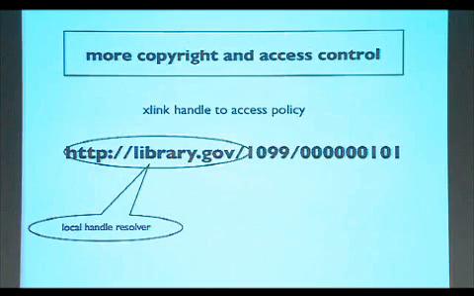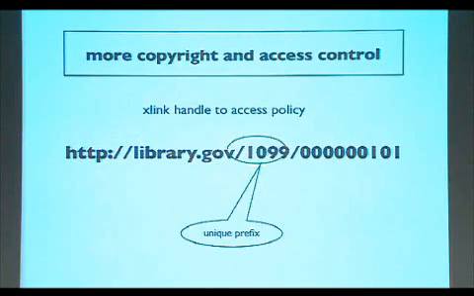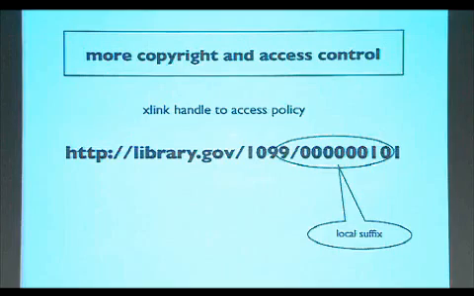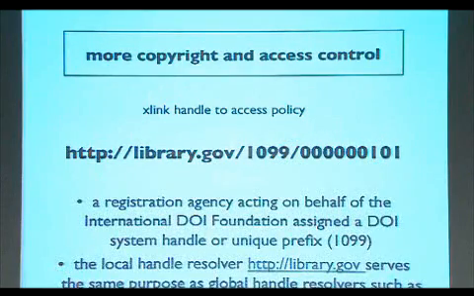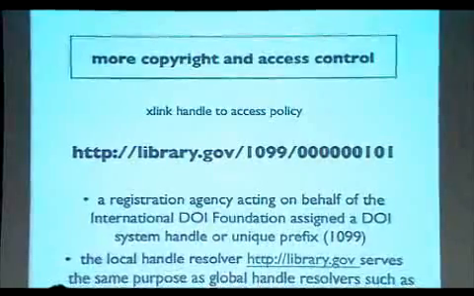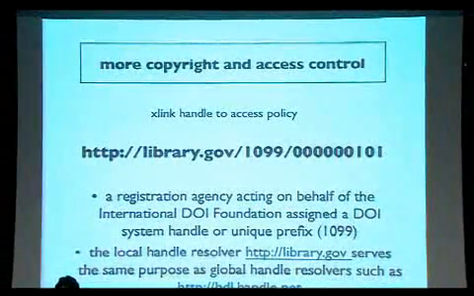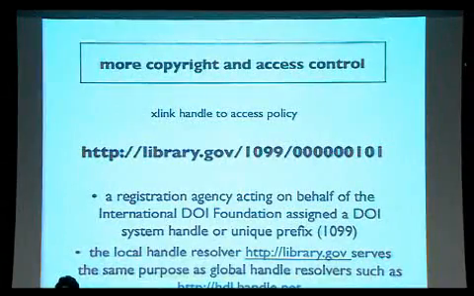And this is a handle that's unique to Singapore National Library, assigned by the Digital Object Federation, and this is the access policy itself that governs access to that particular article. And here you see, at least mostly, I see a bit of it's cut off at the bottom, how this works. So that's how Singapore deals with copyright.